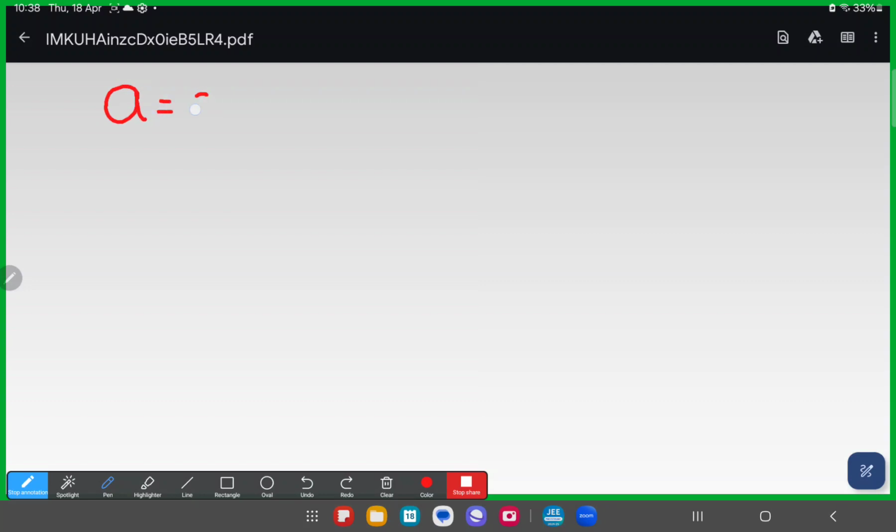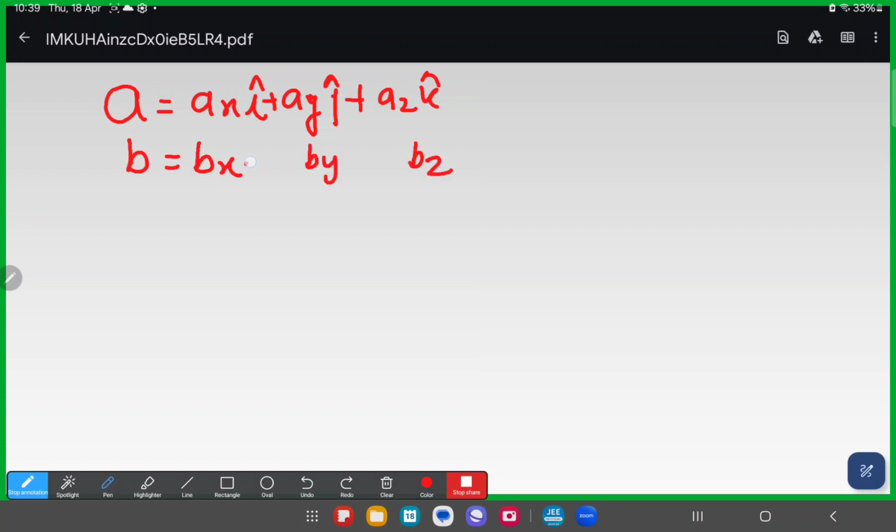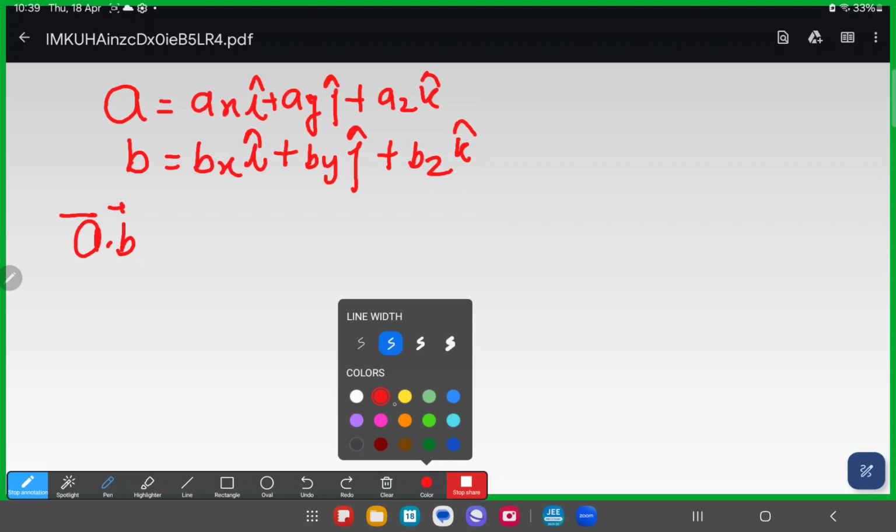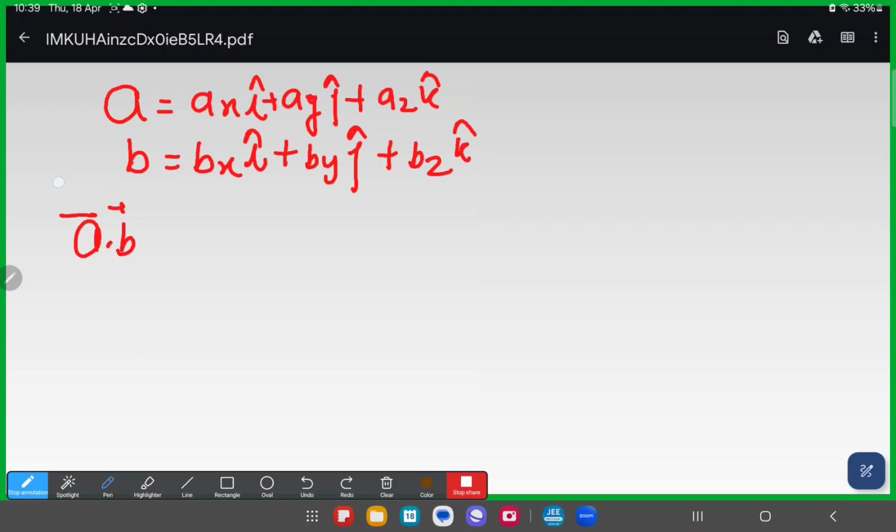Let's say A is equal to AX i plus AY j plus AZ k, and B is equal to BX i plus BY j plus BZ k. So basically, how to calculate the dot product? This is a very simple method.